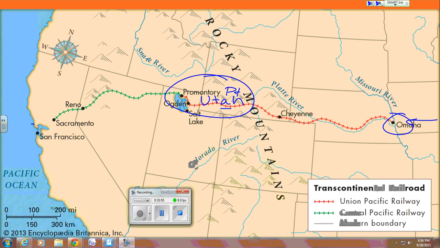You'll notice that on the right side in red, that's the Union Pacific. On the green side over here is the Central Pacific. And which one is shorter? Central Pacific. Yep. Why do you think that is? Exactly. Because they had mountains to go through, much tougher terrain.